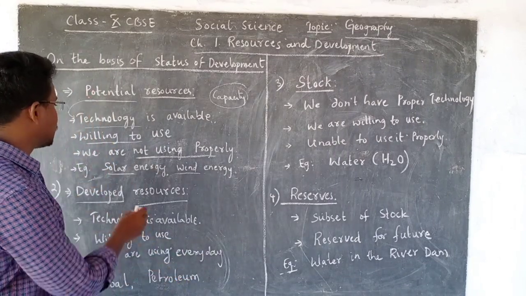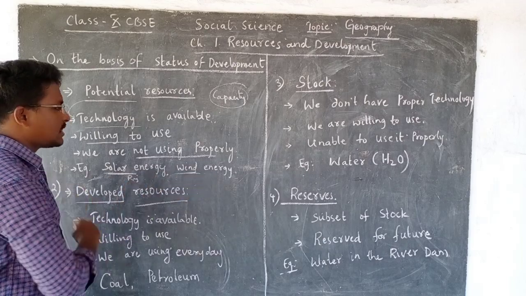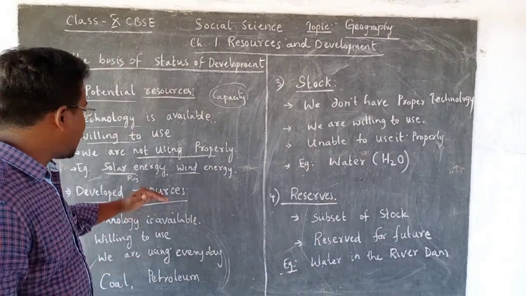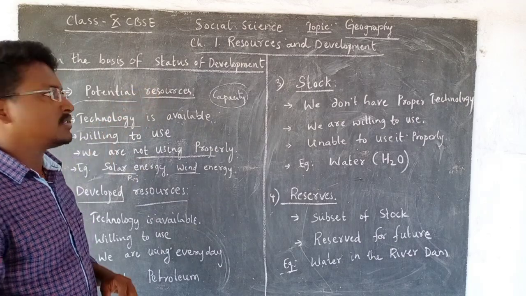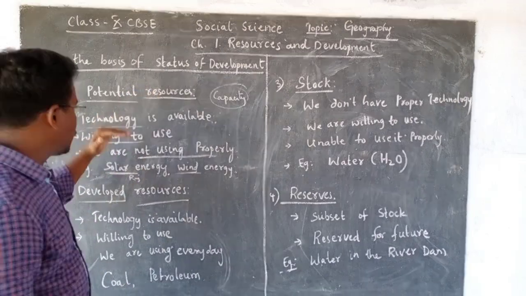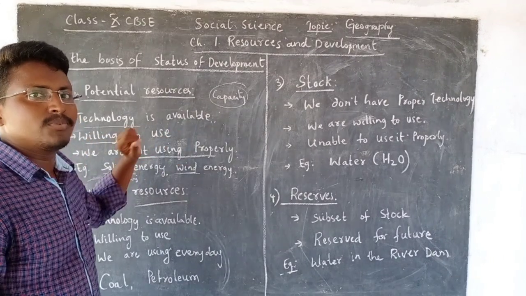The best example is solar energy in regions like Rajasthan, as well as wind energy. So by taking these examples, we can understand potential resources: the technology is available, we are willing to use them, but we are not utilizing them properly.